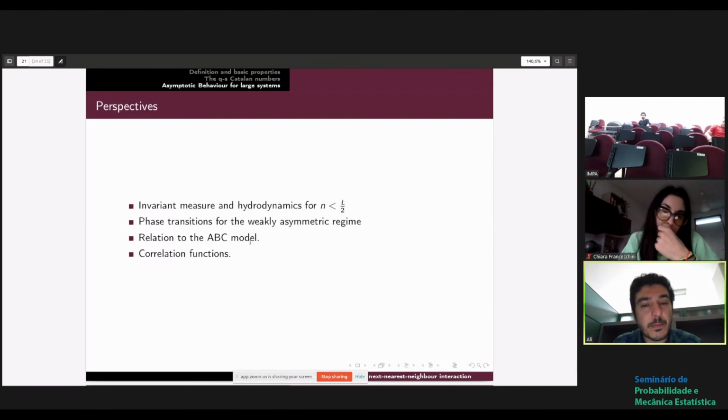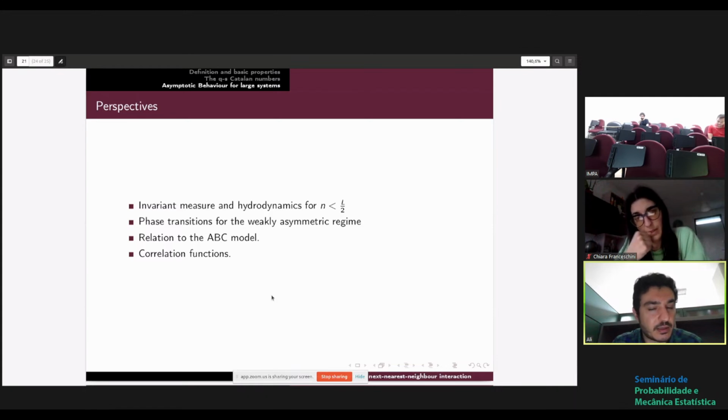In this model, usually it's studied in a system which is third-filled. So they put a third of the system as particle A, a third as particle B, a third as particle C, and you observe similar phenomenology, for instance clustering of particles.